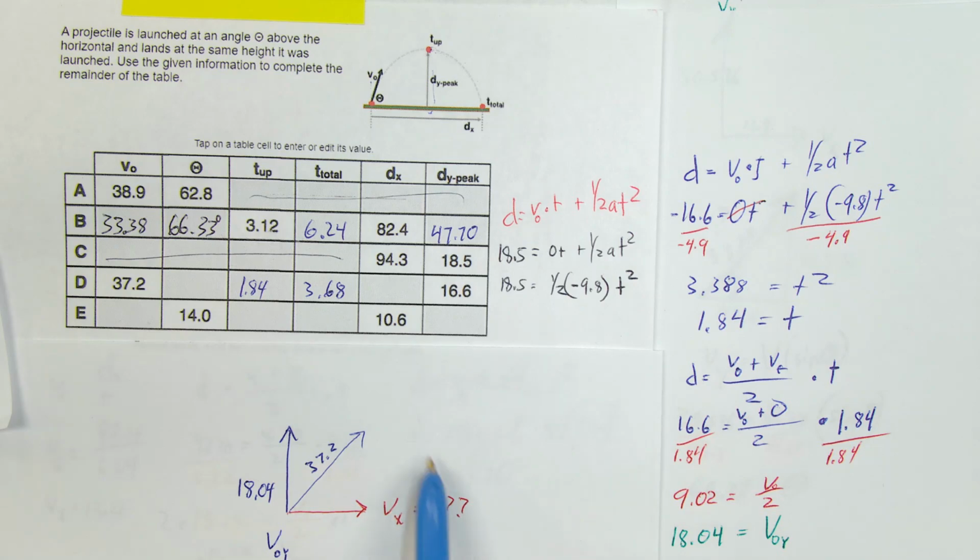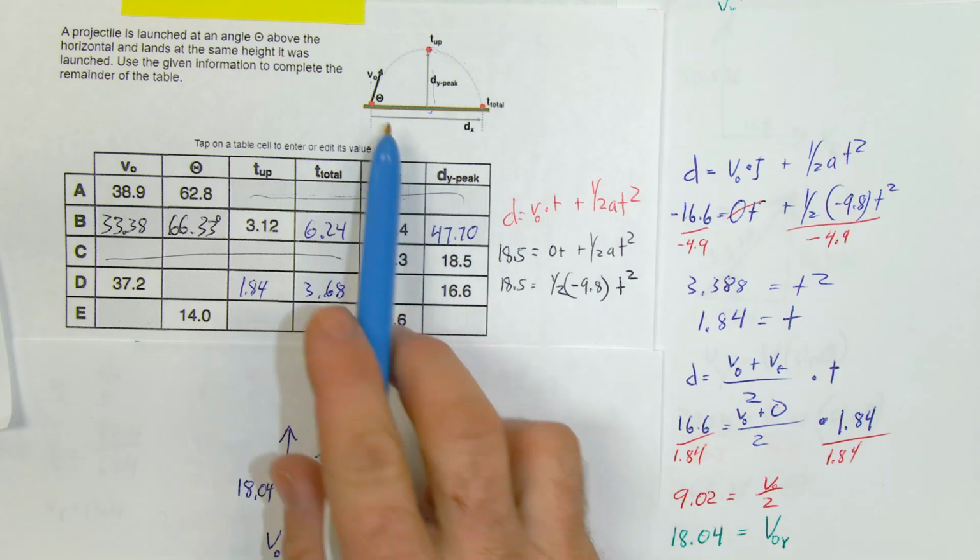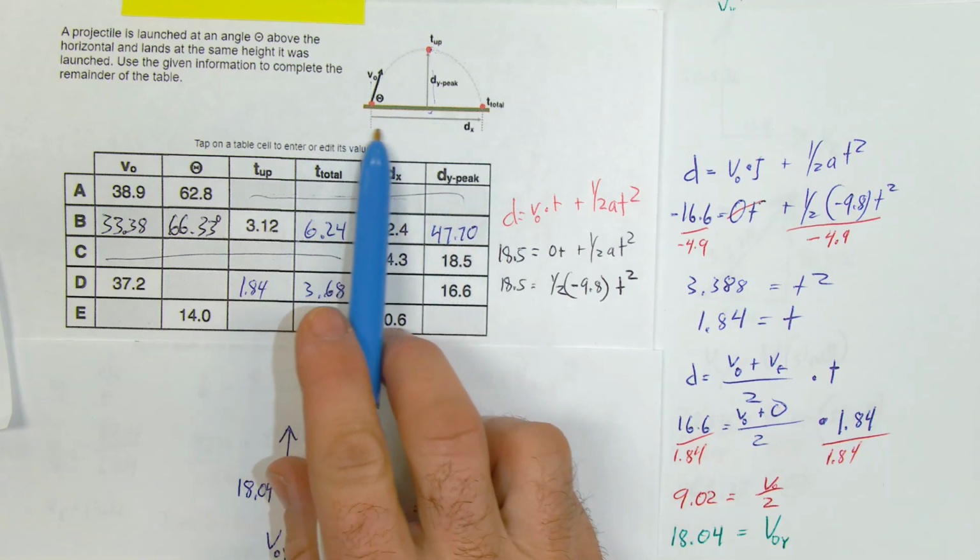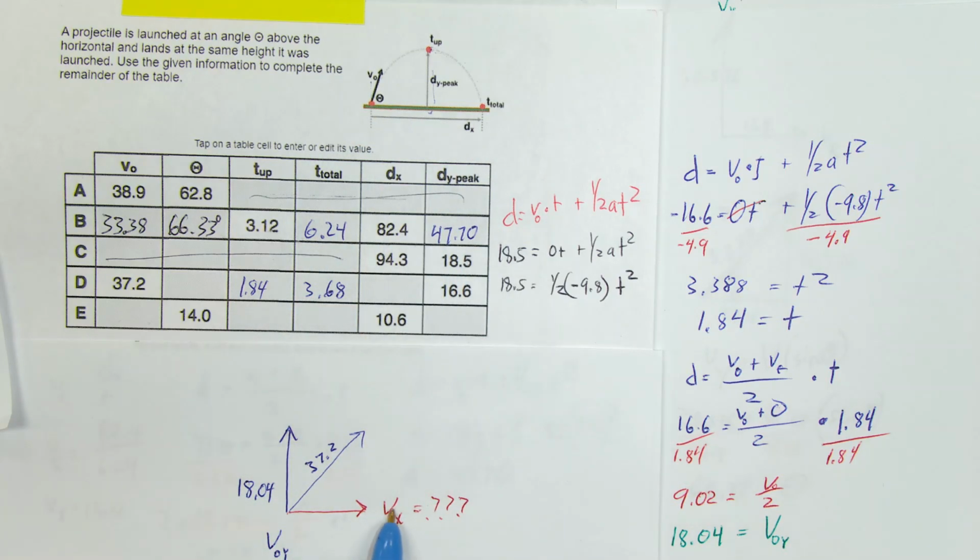Why do we need that? Well, we need that to figure out what happens on the total distance, because remember, distance is completely controlled by that x component velocity. Height and time is completely controlled by the vertical or the y component velocity.